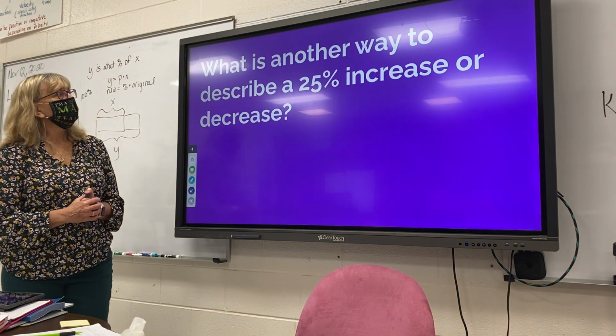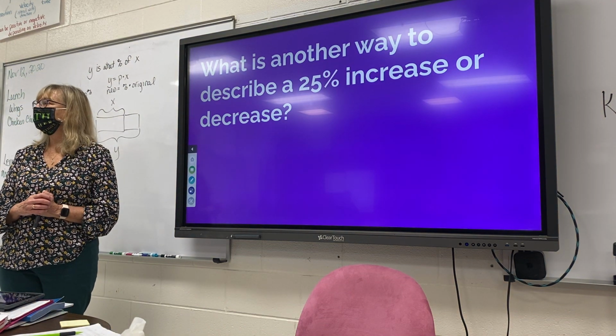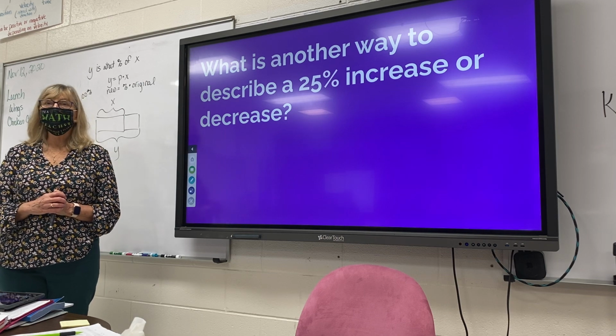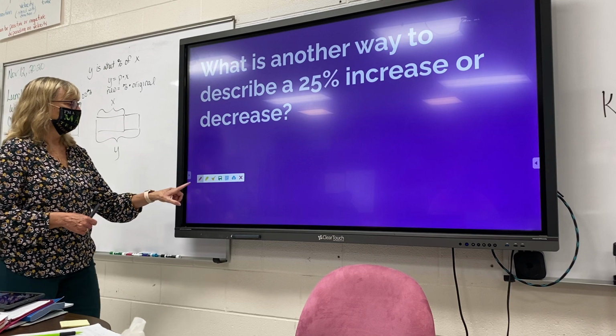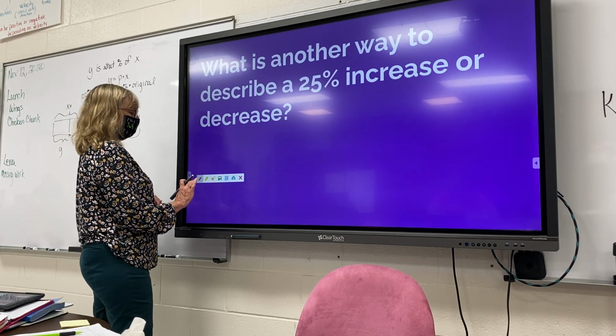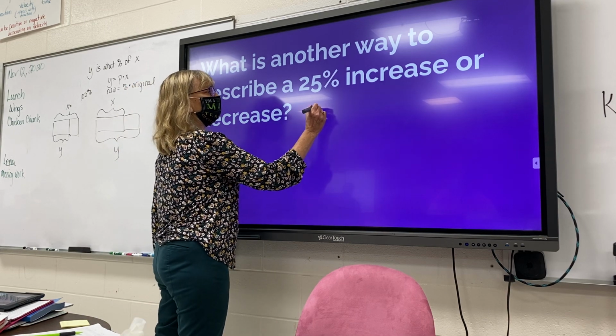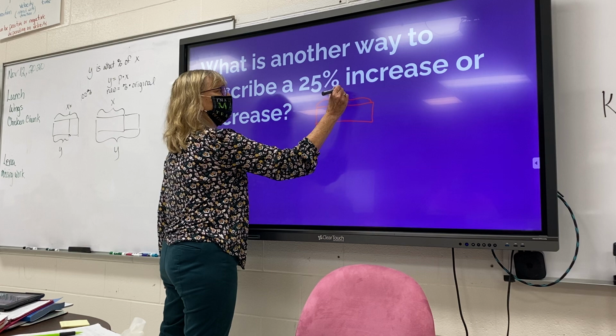All right, what is another way to describe a 25% increase? What would that look like? First off, let's draw what it would look like, so that'll help. Okay, an increase. Remember, an increase, X is always 100%.